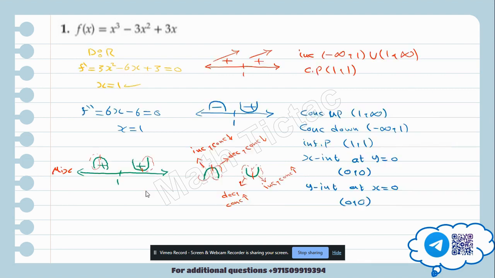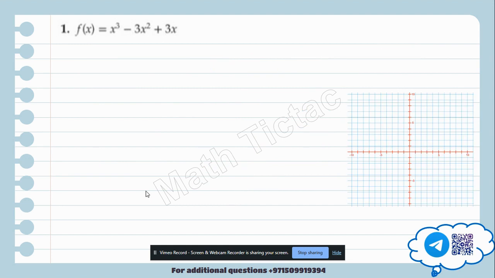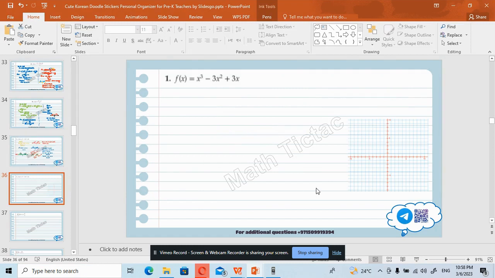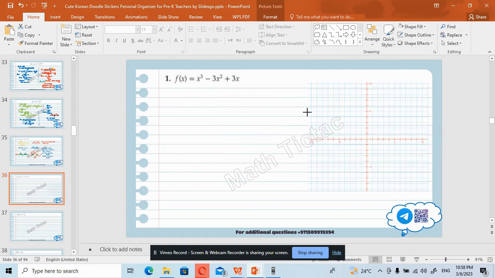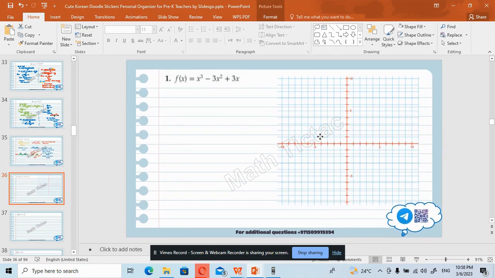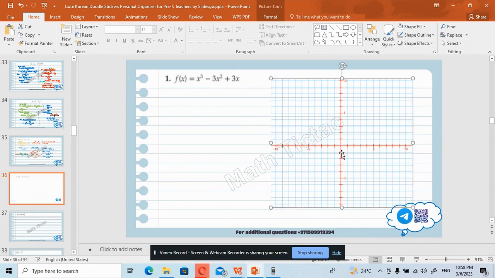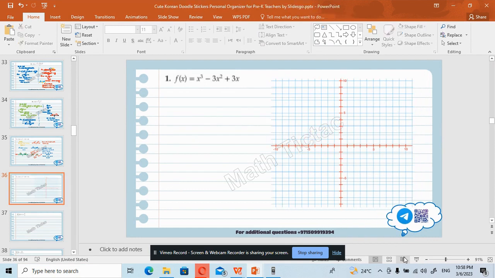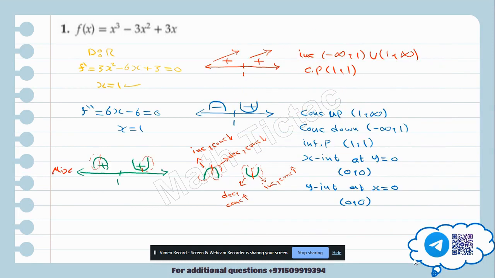So again, I will start the graphing now. Let's just make this bigger a little bit. Okay, good. So in here we have the points. First of all, start by plotting the points. You have 1 and 1 and you have 0 and 0.